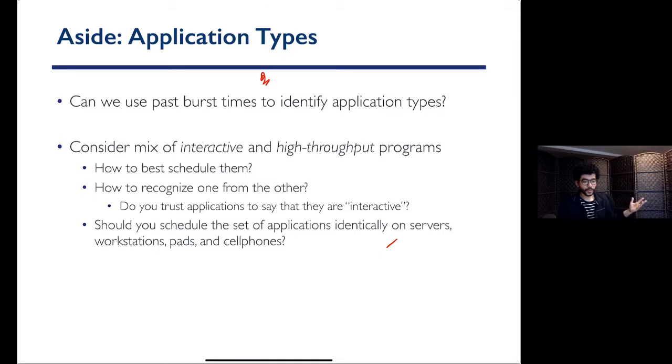For example, if you get an application that has really short CPU bursts and long I/O bursts, one thing that this might imply is that maybe this application is an interactive application, right? Maybe this is an application where the user puts a command and then you do a bunch of things, and then another command and another bunch of things.